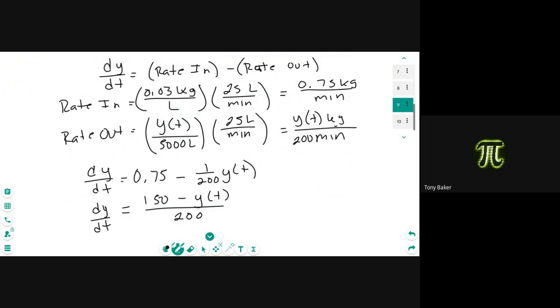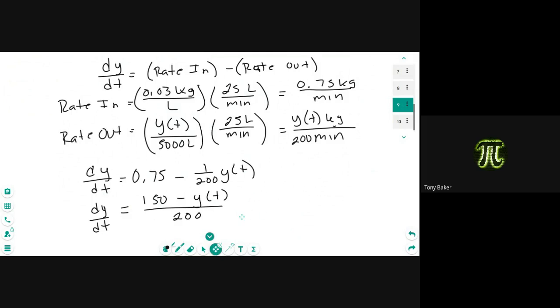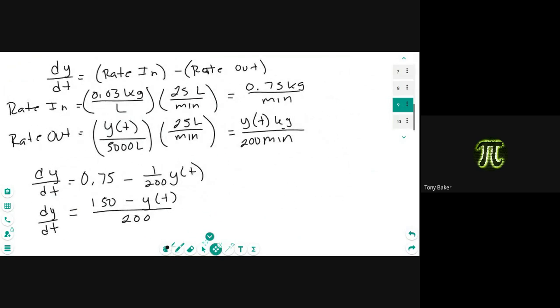Okay. Separate it for me. Oh, y of t is a t value.